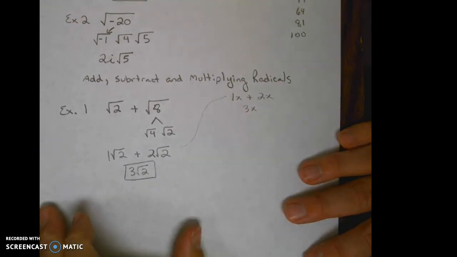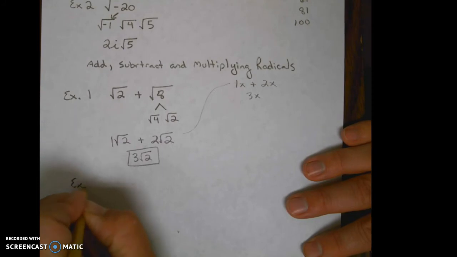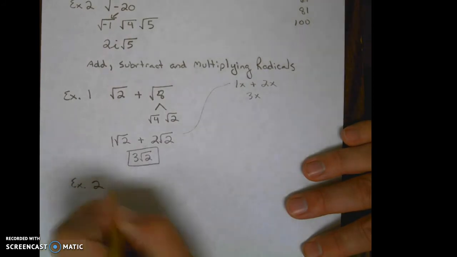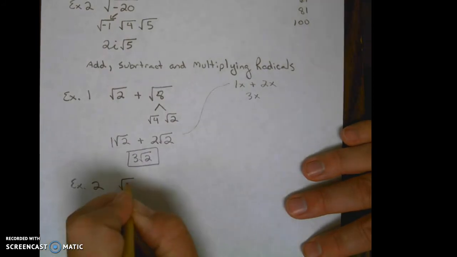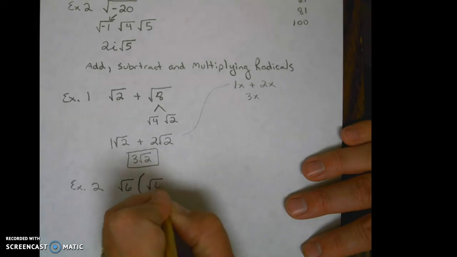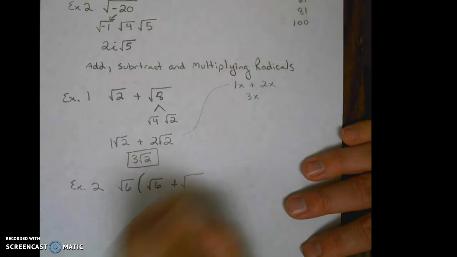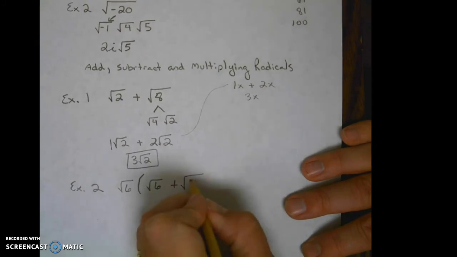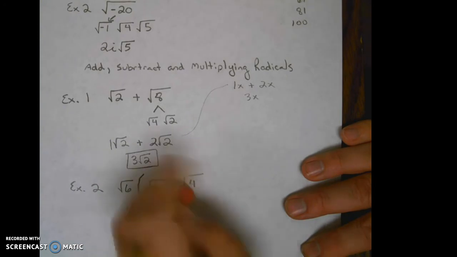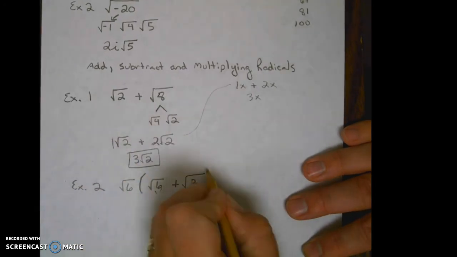Okay, let's take a look at another example. So let's say we have the square root of 6 times the square root of 6 plus the square root of, let's go with 4. No, that's a perfect square. Let's go with the square root of 3.